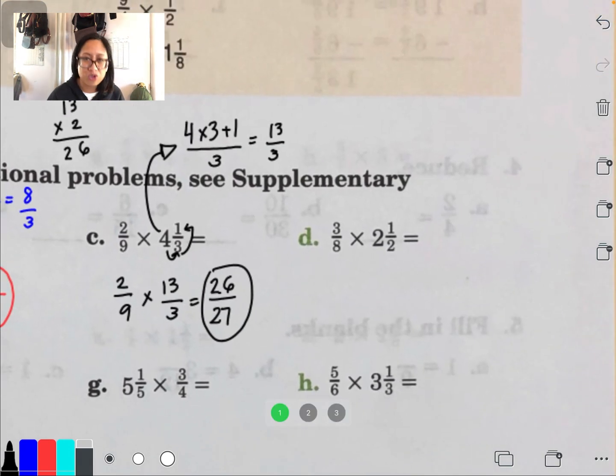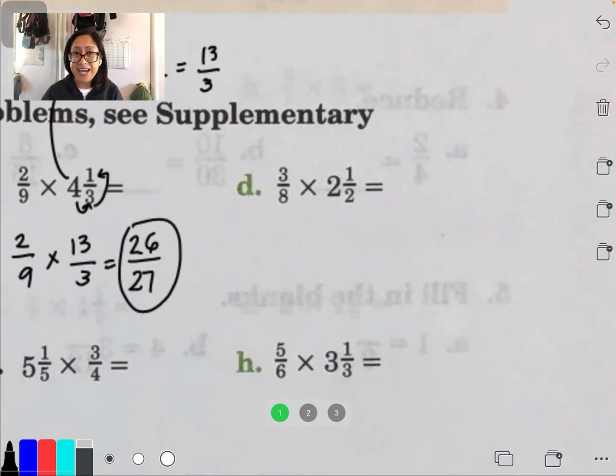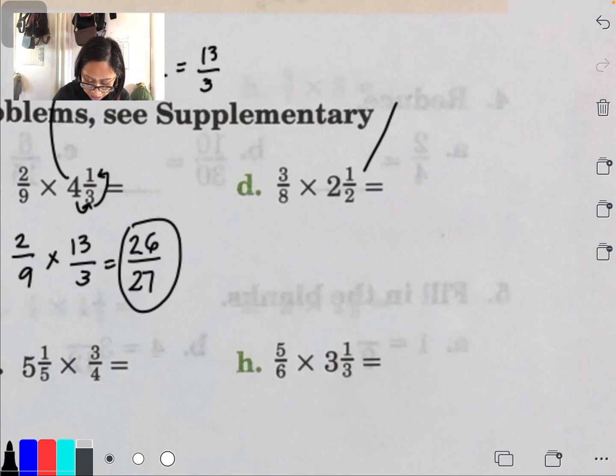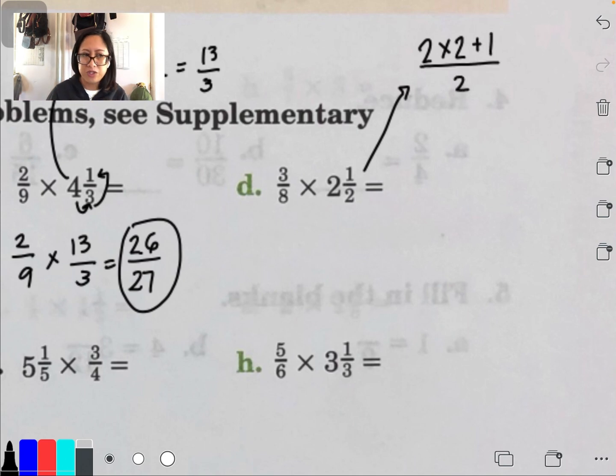Last one, and then we'll try together at our Zoom meeting. Okay, I've got 2 1/2. If you can in your head turn it into an improper fraction, that's fine. But again, I'm going to show you. So this will be 2 times 2 plus 1 over 2. 2 times 2 is 4 plus 1 is 5. So this is 5 halves.